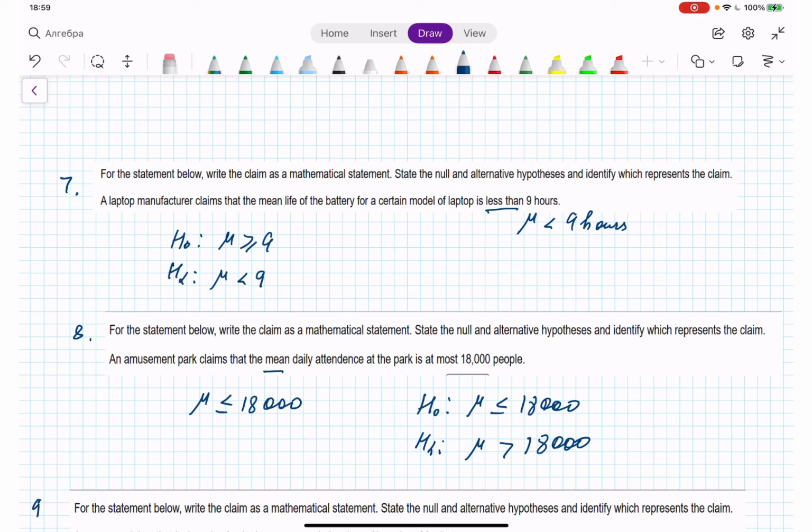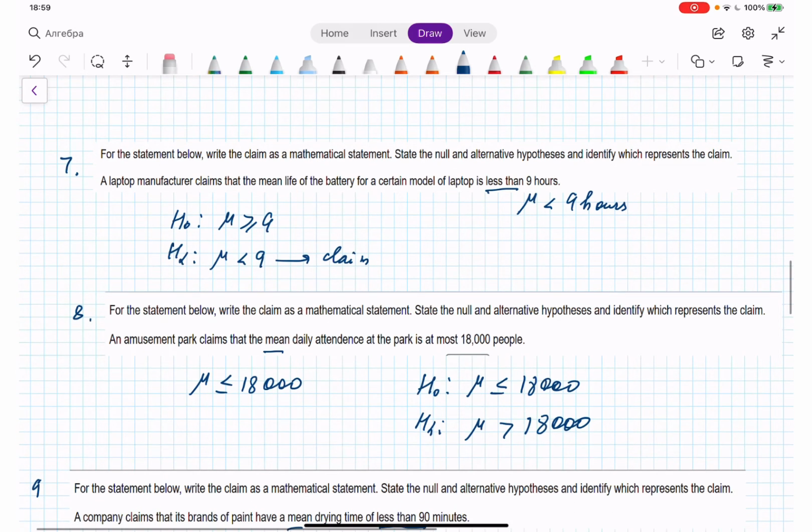The claim can be either the null hypothesis or the alternative hypothesis, because whatever case the word problem is giving, that one is going to be your claim. Here we have less than, that means alternative. This alternative is the claim.